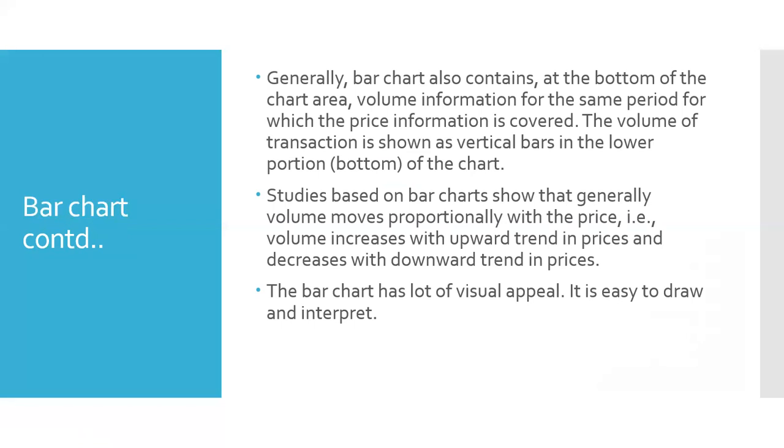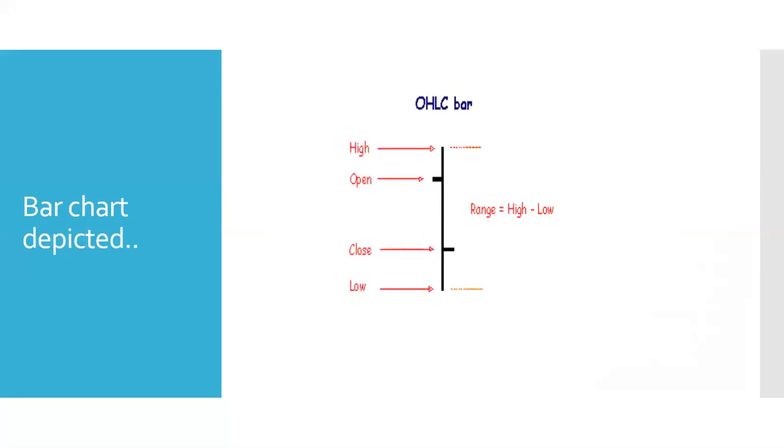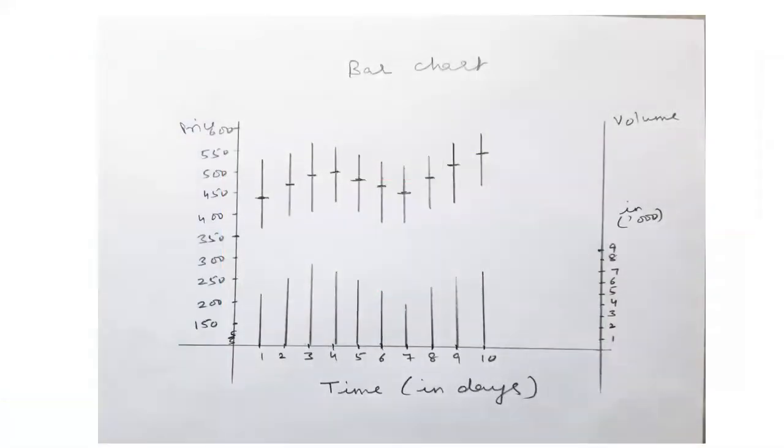Studies based on bar charts show that usually volume moves proportionately with price. That means when prices are showing an upward trend, volume increases, and when prices are showing a downward trend, volume decreases. The chart is simple to draw and interpret, and it has a lot of visual appeal. We can see the complete chart.